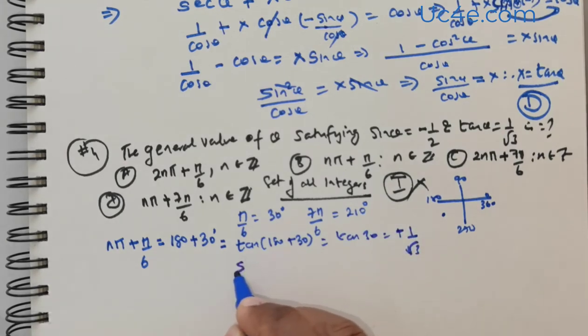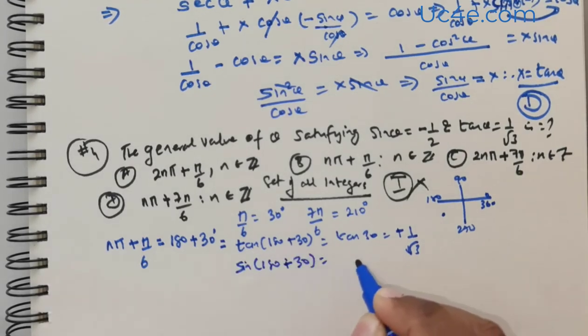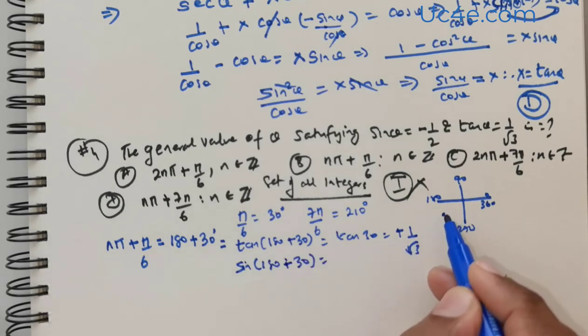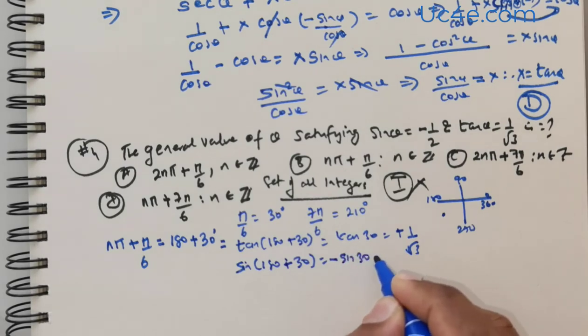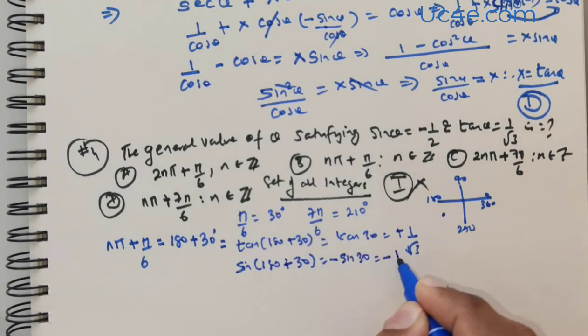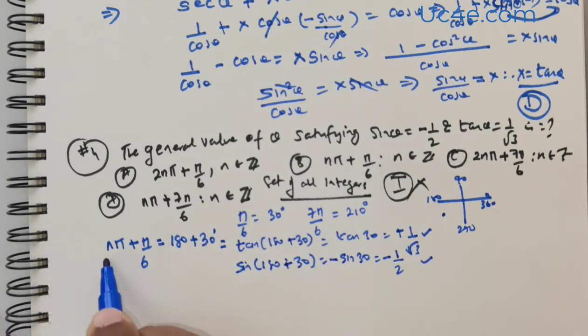And if I were to take this same value for sine of 180 positive 30, over here its sign is negative, and it's going to be sine 30, so I get negative 1 over 2. So this is okay, but there is one problem. This has to be true for all values of n, an element of z.